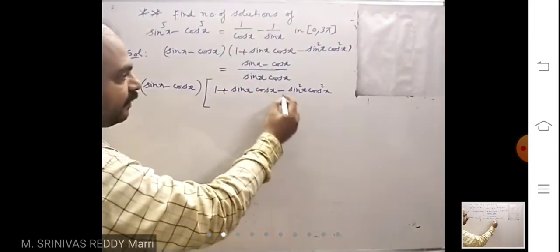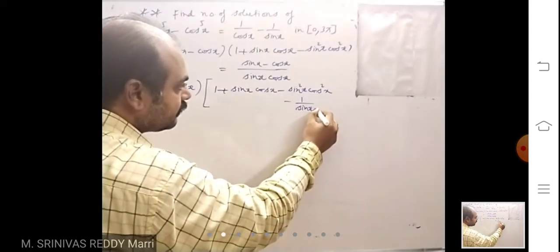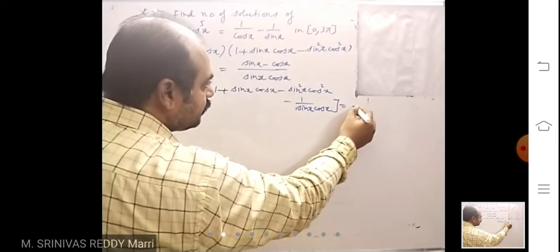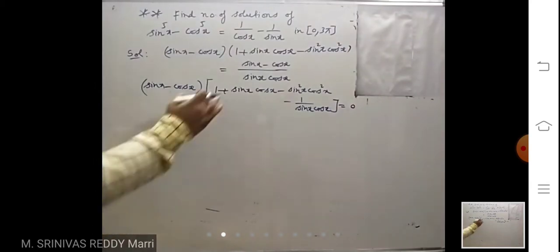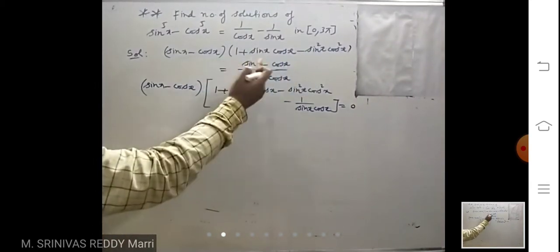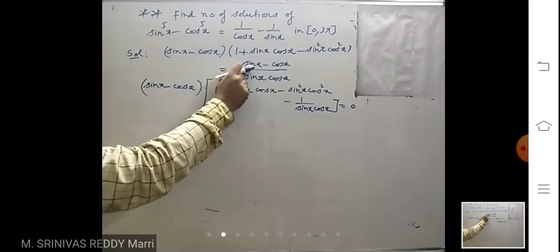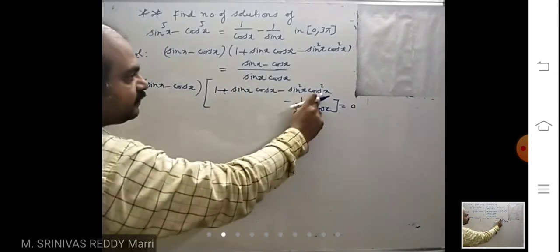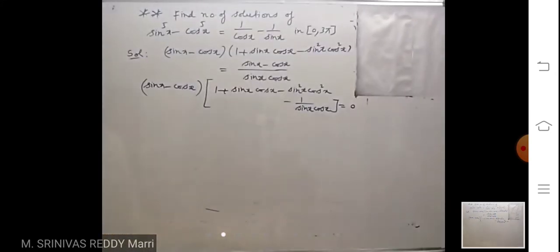This I have taken common now, minus 1 by sin x cos x equal to 0. This complete term I have brought to the left hand side and then taken sin x minus cos x common. Here you will get this one, from here to here, minus 1 by sin x cos x equal to 0.